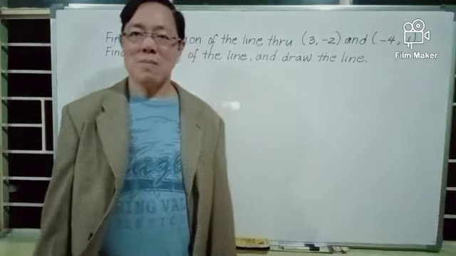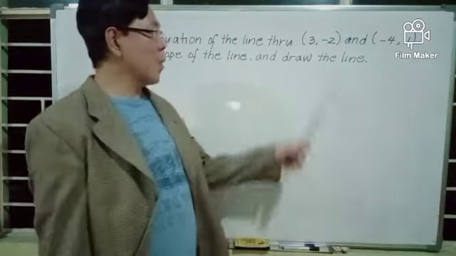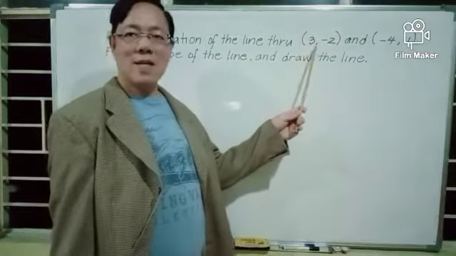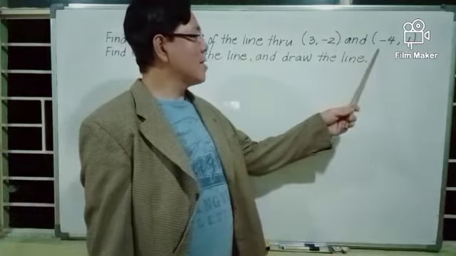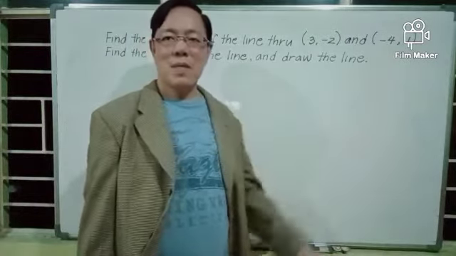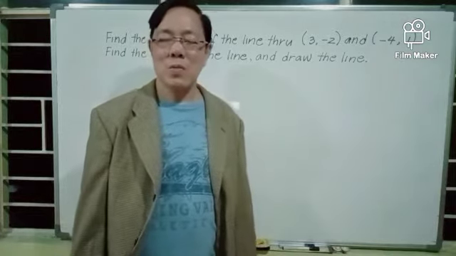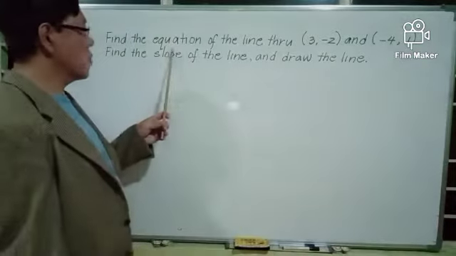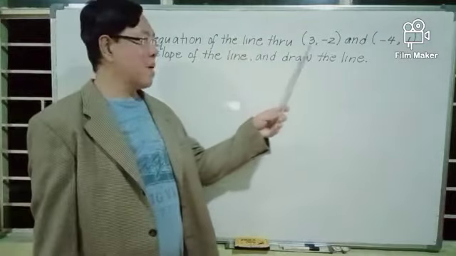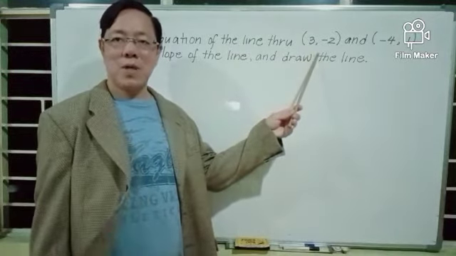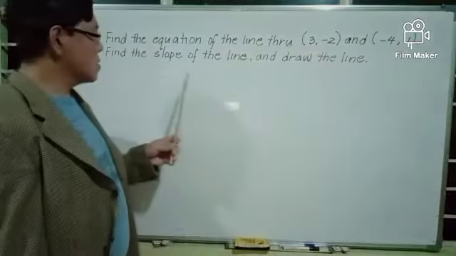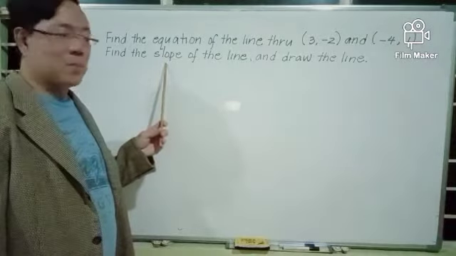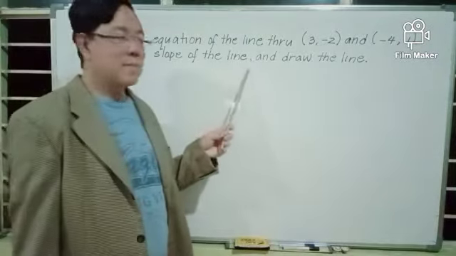In this problem, the given are 2 points, 3, -2, and -4, 1. And given the 2 points, we want to find the equation of the line passing through these two given points. We are also asked to find the slope of the line.